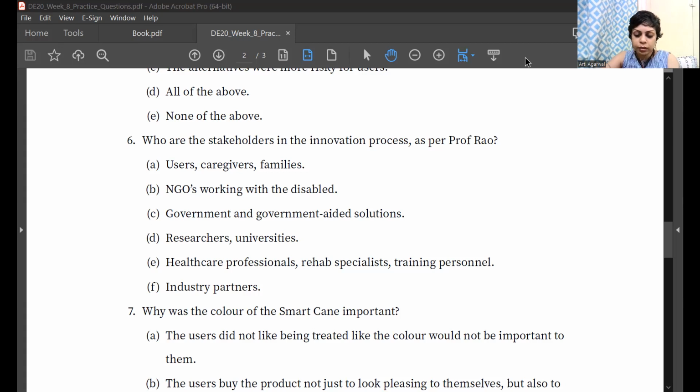Maybe the existing product was actually very good for them, and in the attempt to add some feature to your product, you have reduced the quality of some other features.